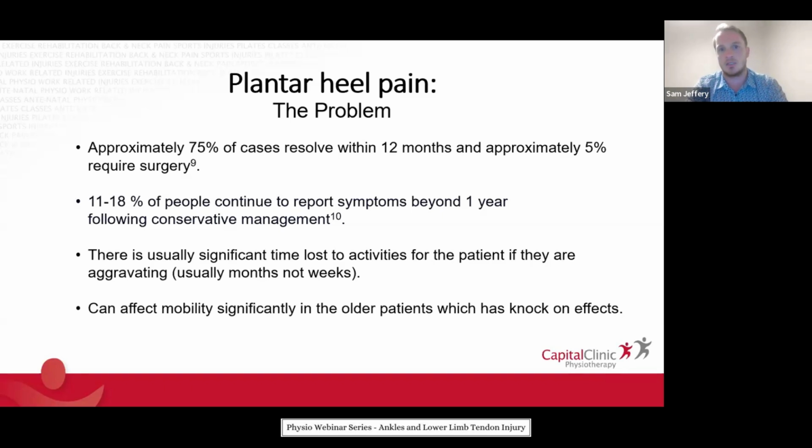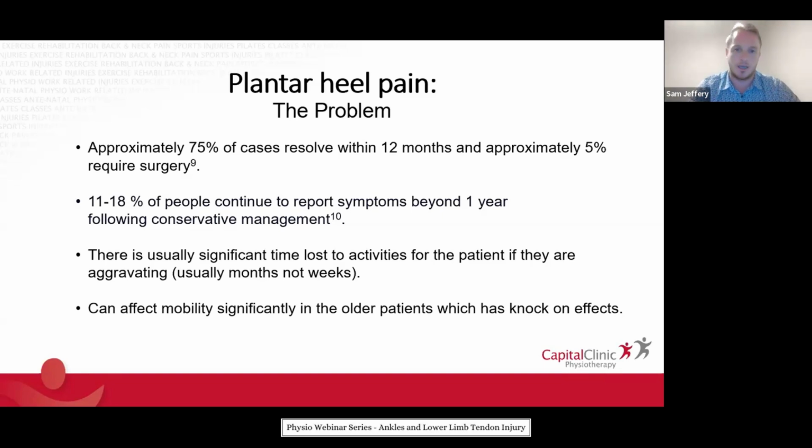So I find in particular with patients presenting with plantar heel pain, if this is the pain source and we're sure of that, early education, early advice that this is a long process, but there are things we can do to change and mitigate pain along the way, is really important. I find, and I'll talk about it a little bit more in a future slide, that these are the type of patients that most people know someone that's had plantar fasciitis before.